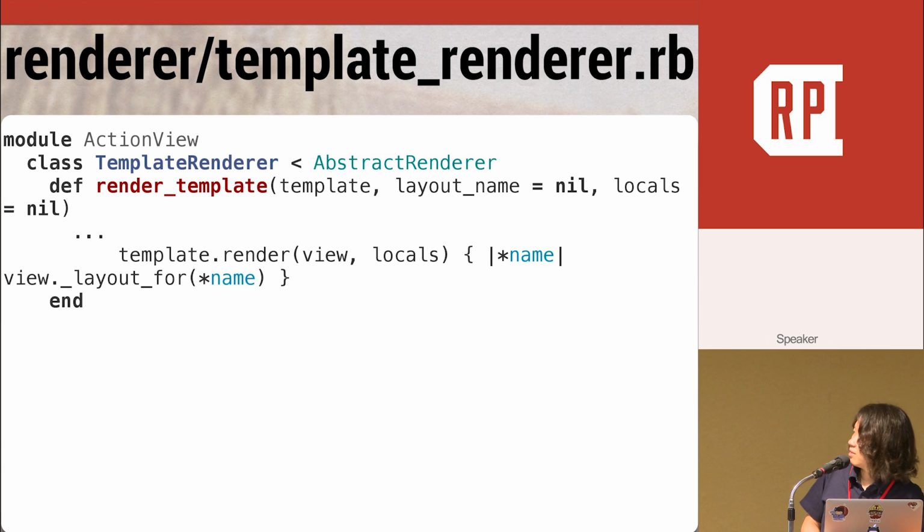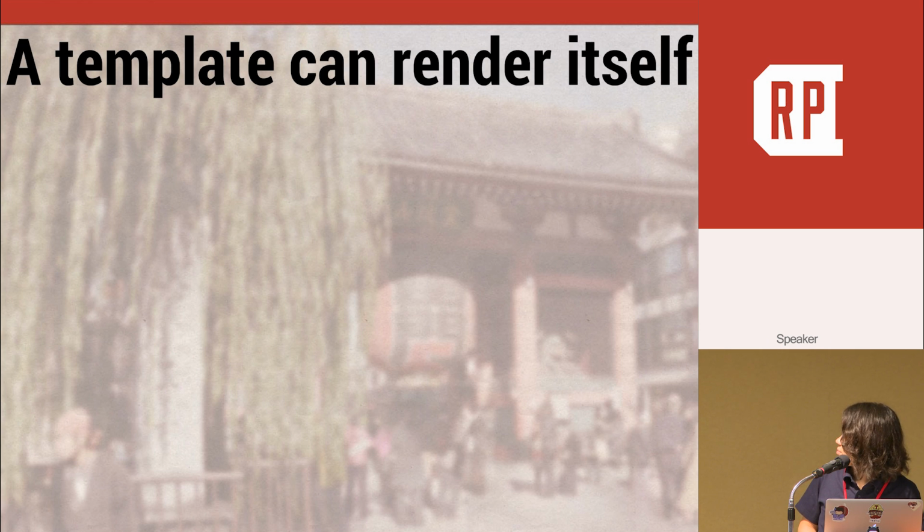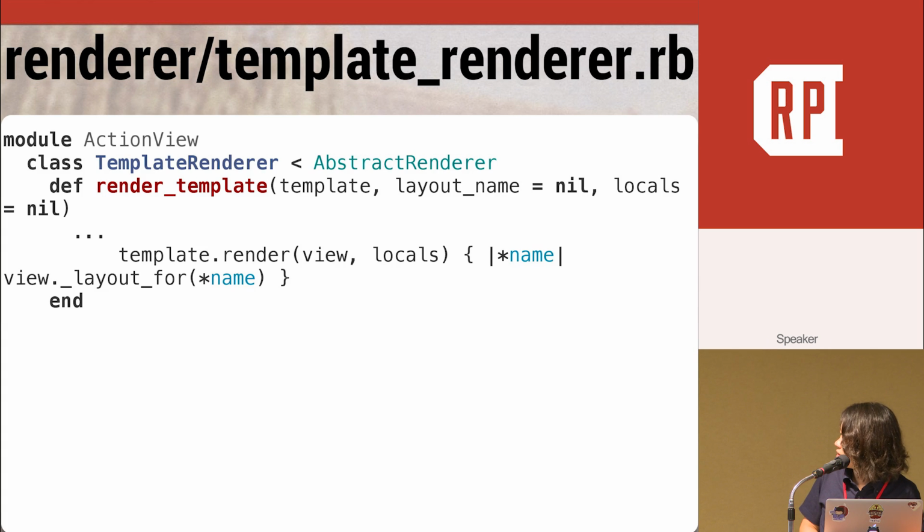And so going back to the template renderer, again, it calls template.render. So the template itself has the render method. It responds to render. And this is how the render method looks like.